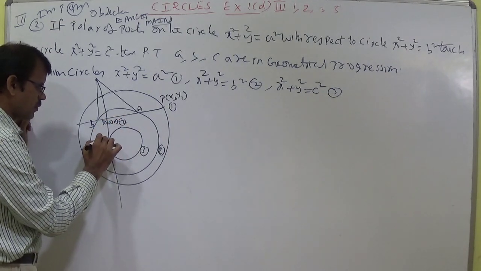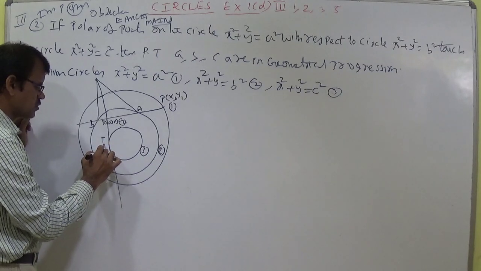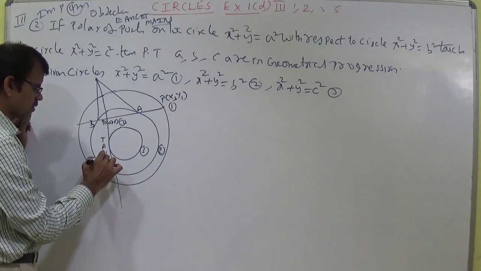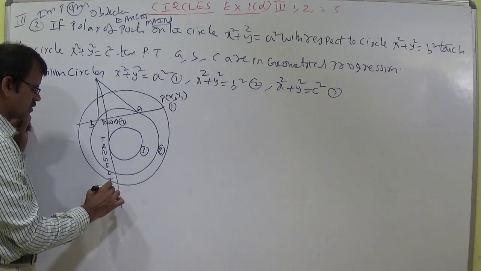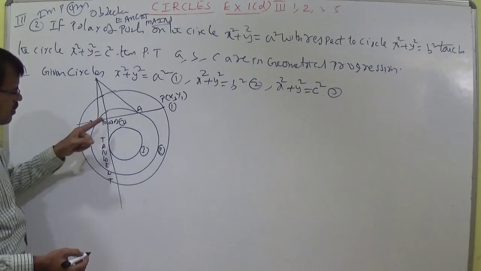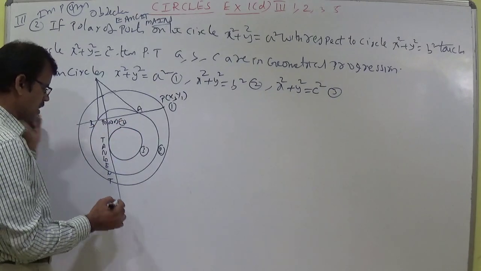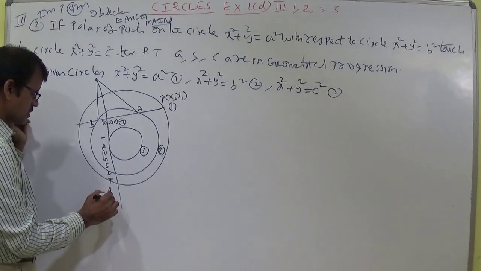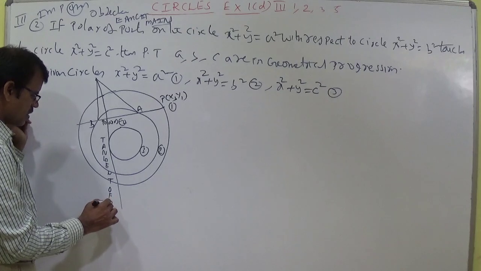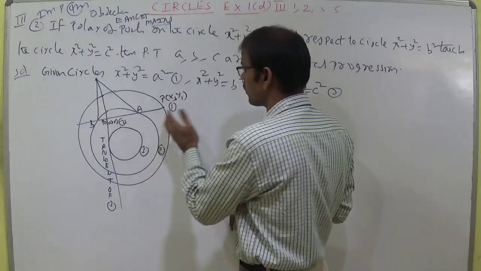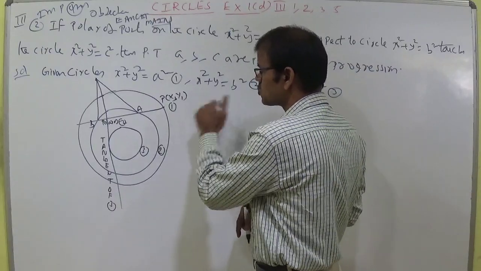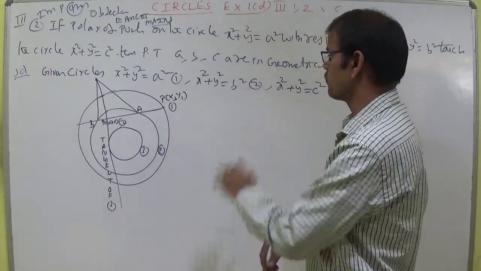Of course, the polar became a tangent to 3 here. So the polar of the second circle became a tangent of the third circle, where the point, to get the polar equation, should lie on the equation of the first circle.